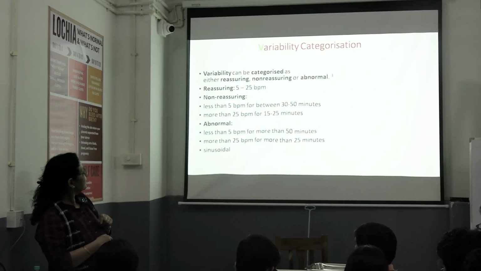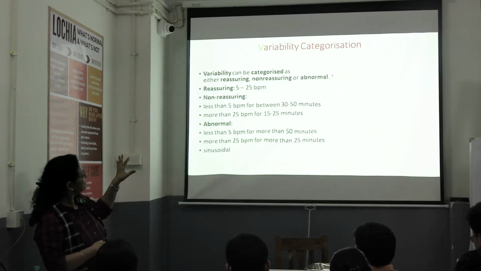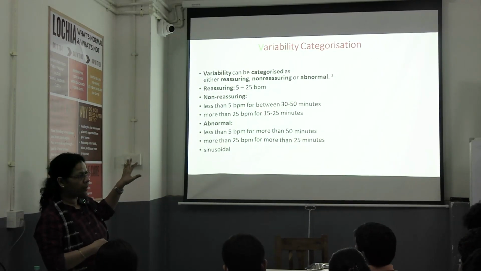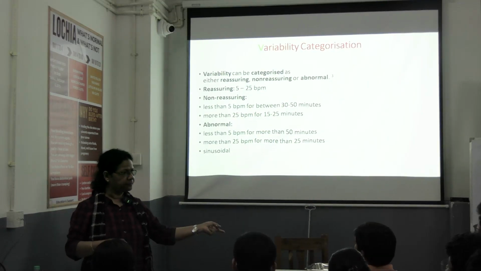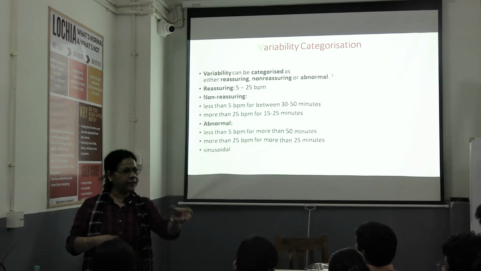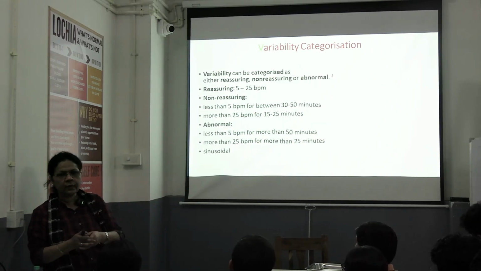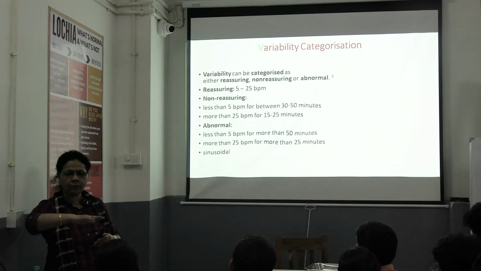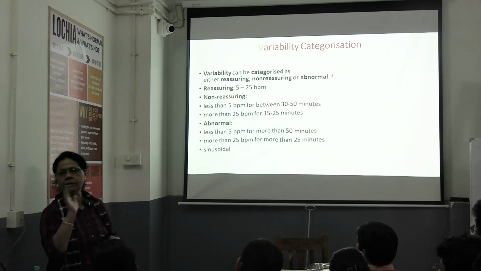So if the range is less than 5 for 30 to 50 minutes, okay, non-reassuring, but it may get back to normal after some time. It could be a temporary change in the heart rate and the variability due to, say, the change of posture of the mother. Whether she lies in the supine posture, there is less blood supply to the fetus.